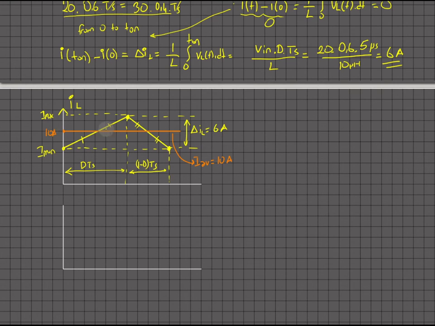So you can say I max is equal to I average plus delta I divided by 2, and minimum current is equal to average minus delta I divided by 2. So average was 10 amps plus 6 over 2, that is 13 amps, and 10 minus 6 over 2, that is 7 amps. So that is 7 amps, and that is 13 amps, right?